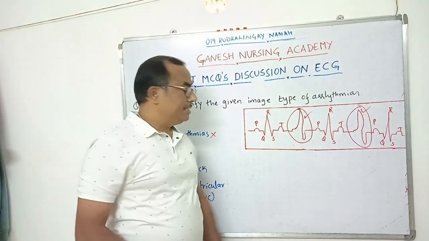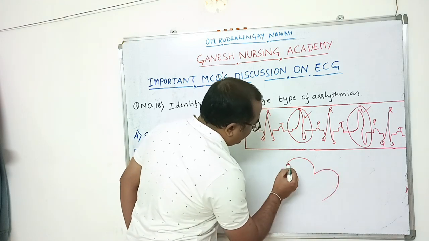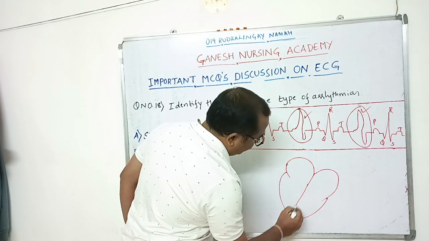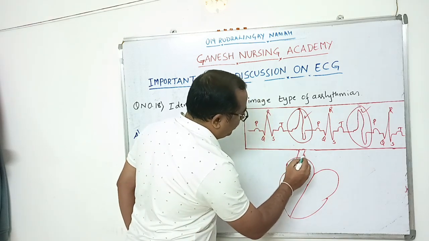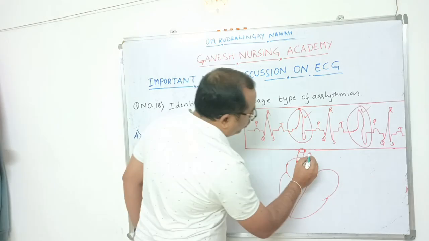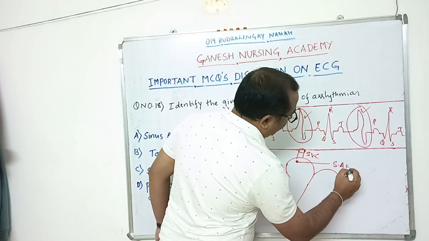So what happens in sinoatrial block? Let's draw a heart diagram. Here we have the atrial septum and this is the ventricular septum. Here we have the superior vena cava and this is the SA node, which is located just below the superior vena cava. SA node is the sinoatrial node.